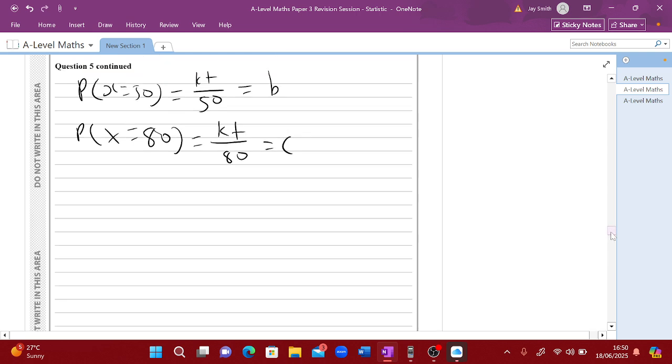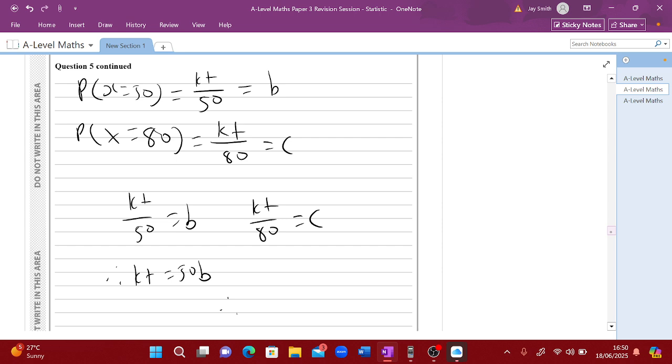Now we've got some sort of simultaneous equations. What we could say then is KT over 50 equals B and KT over 80 equals C. KT is common in both, so KT is equal to 50B.